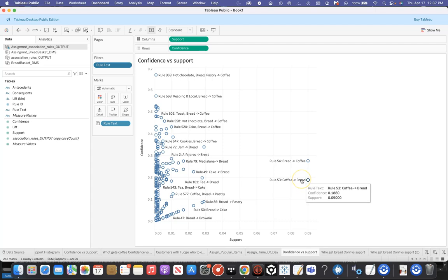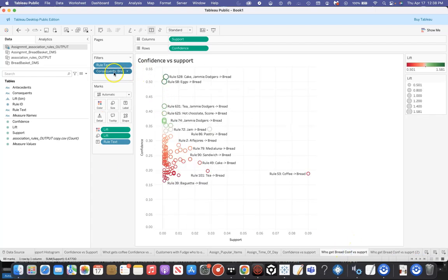So far the numbers look good, but that's inconclusive because we have not taken into consideration a factor called lift. Lift uses a similar concept but compares against the total data set instead of just selected data points. Here I started by selecting for bread alone, so I put a filter on the consequence.